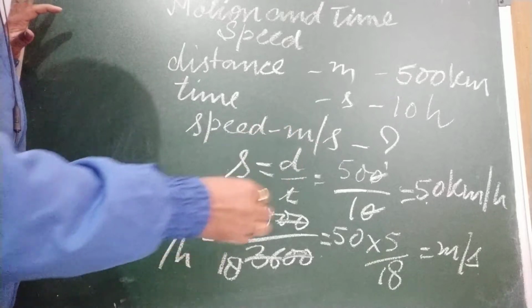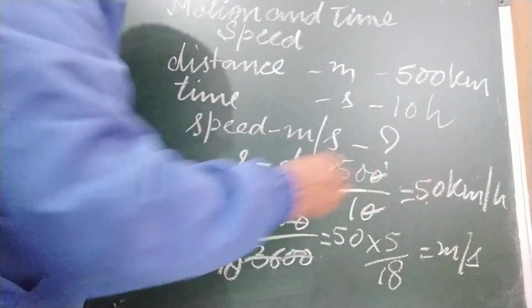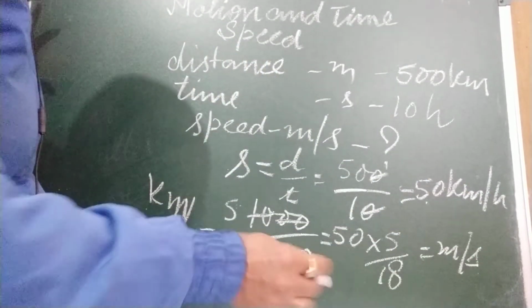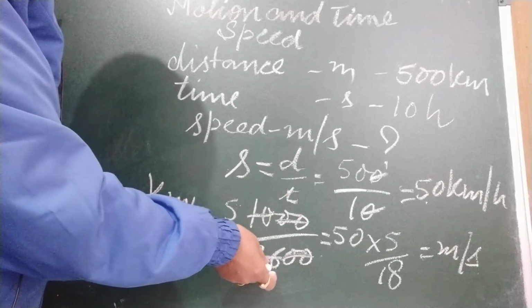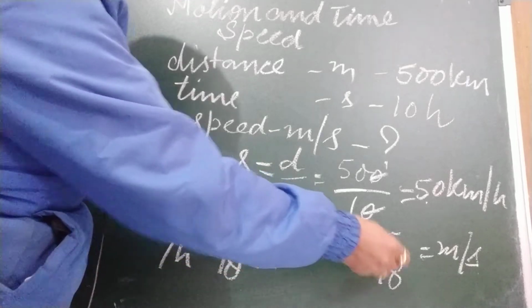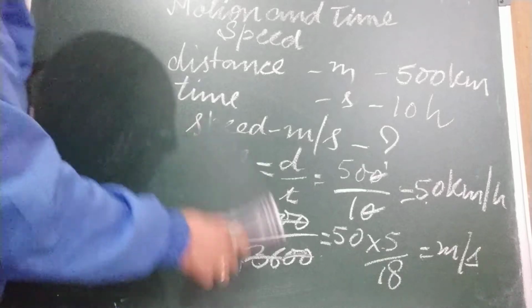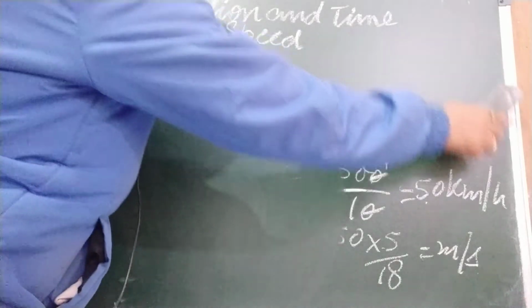And opposite, if the thing is given in meter per second and we have to convert it into kilometer per hour, then we just make it upside down, 18 upon 5.